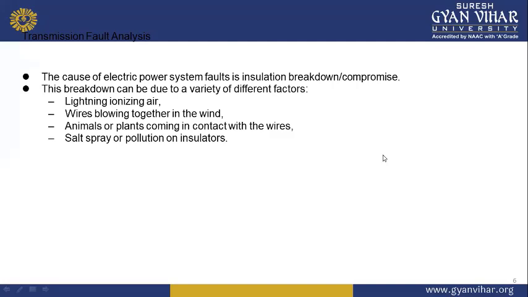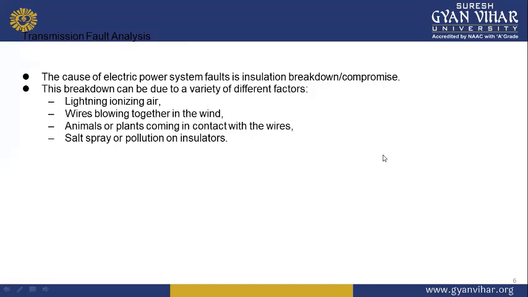the conductivity between two adjacent conductors increases, or even from the conductor to nearby trees or plants. The electric strength is reduced in that condition. And once the conducting medium is created, the current can pass through this medium and create a short circuit.